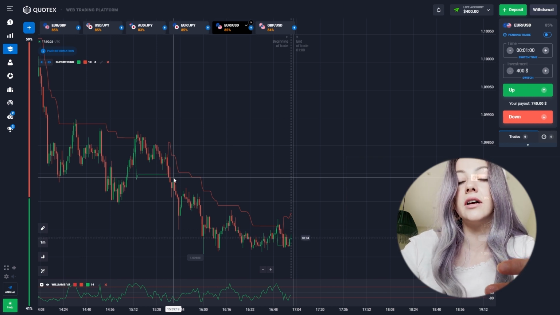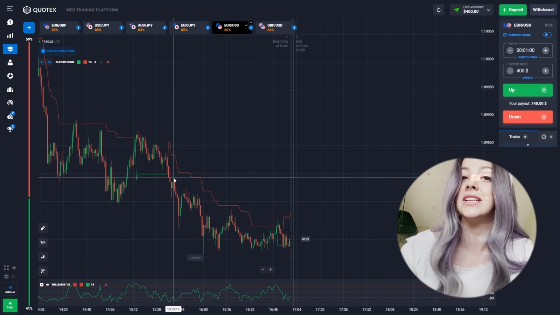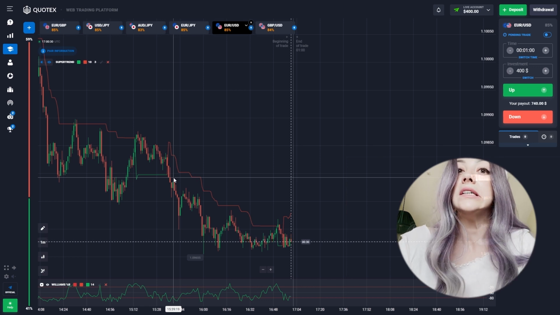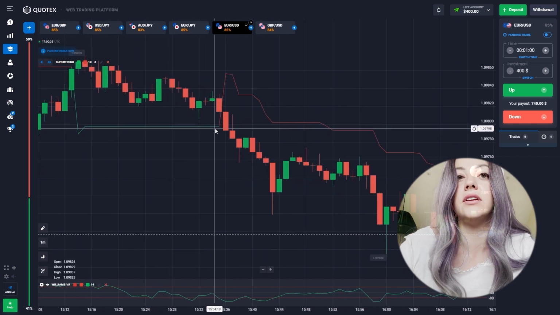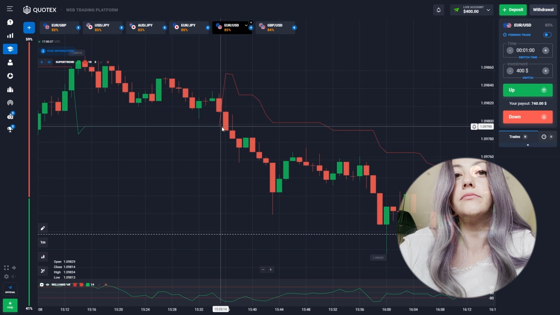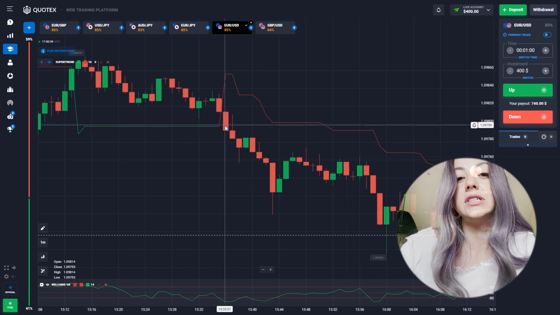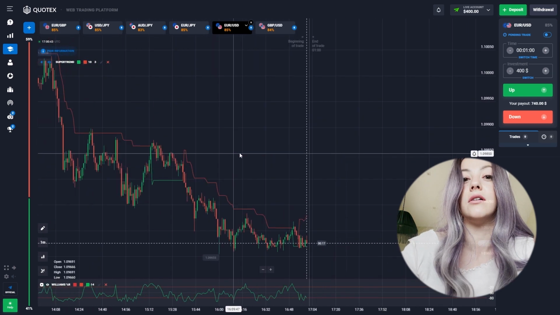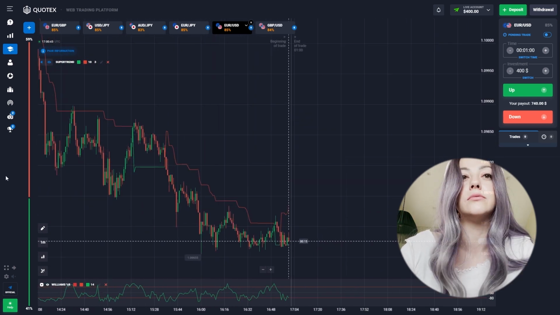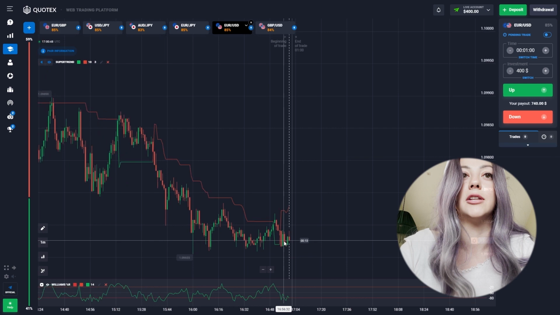So here the line is supposed to go straight, but it ran into the candlesticks and then it just overlays above the chart. But it actually points at the general tendency rather than at back movement, so we will use it just like a helper.